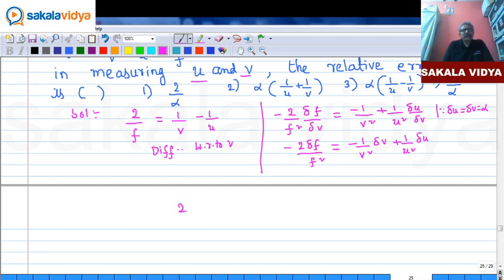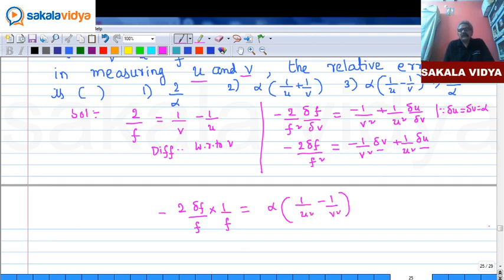So, 2 delta f by f into 1 by f equals, alpha take common, 1 by u square minus 1 by v square.